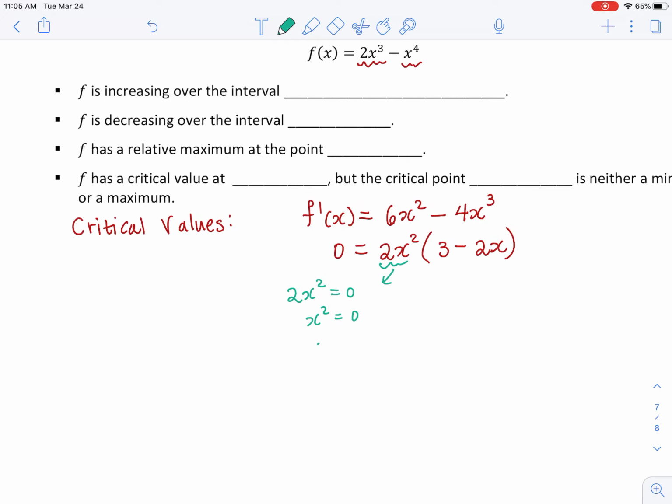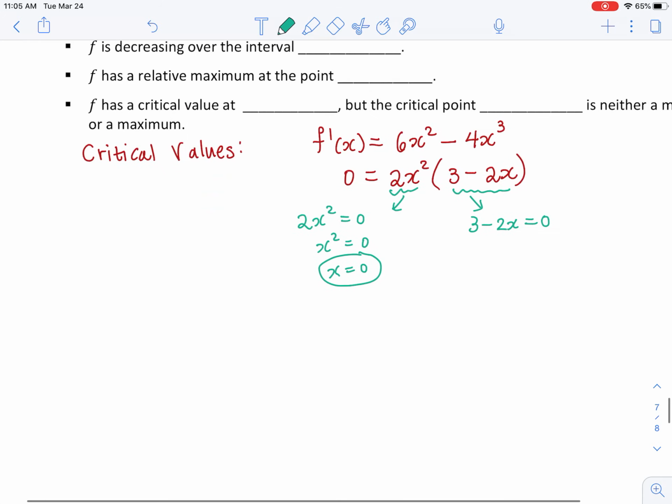I'm sorry, x squared equals 0. So the first critical value is at x equals 0. Let me solve this one. When does 3 minus 2x equal 0? Well, that's true when we get negative 2x equals negative 3, and x is positive 3 over 2. All right, we got critical values. We got 2 of them.